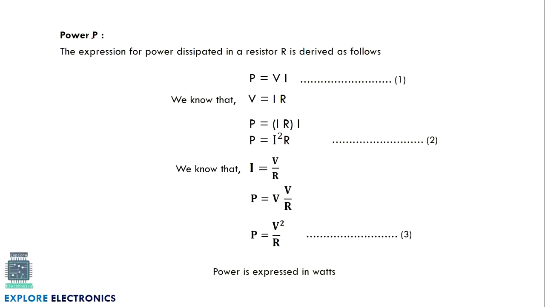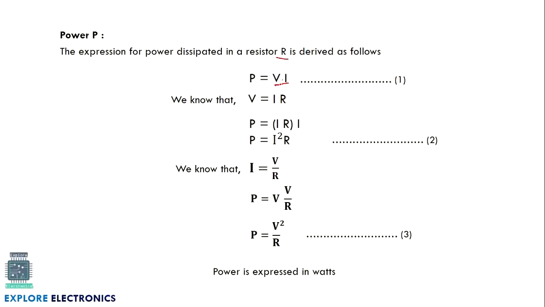Next we have the power expression, the power dissipated across the resistor. So if we take the resistor R, we know that P is equal to V into I. The power expression is voltage into current. So voltage into current gives the power dissipation in any circuit.